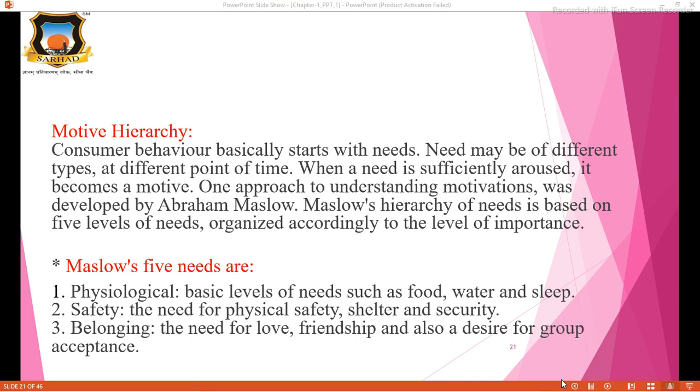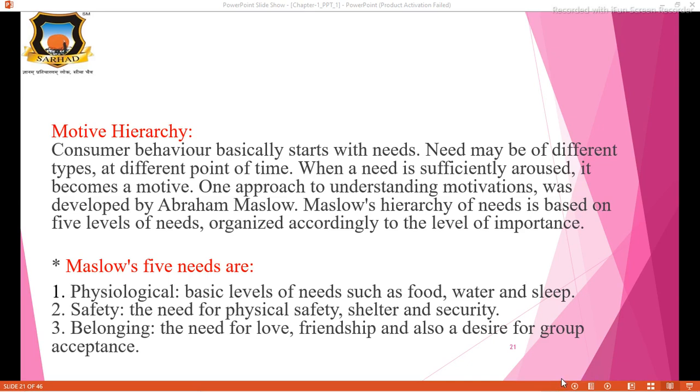One approach to understanding motivation was developed by Maslow. Maslow's hierarchy of needs is based on five levels of needs, organized according to their level of importance. So let us discuss Maslow's need hierarchy.